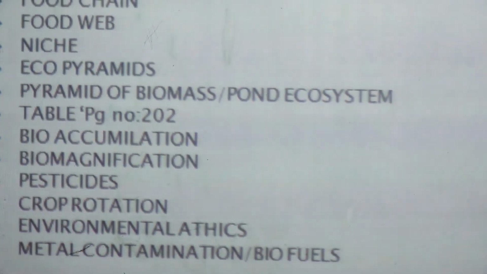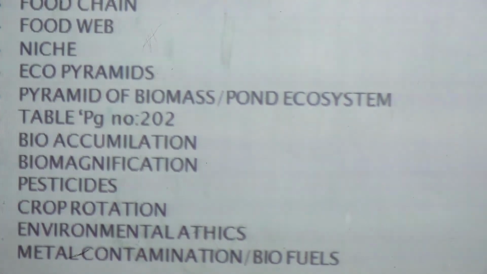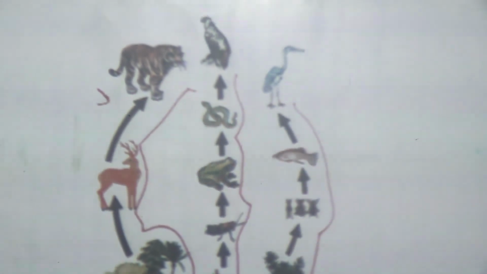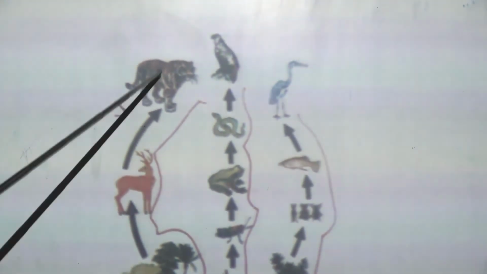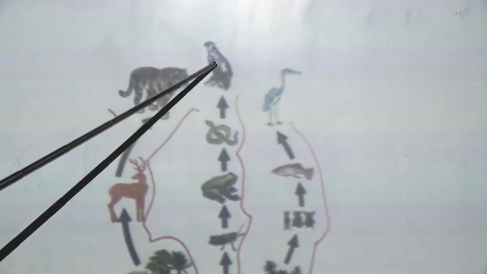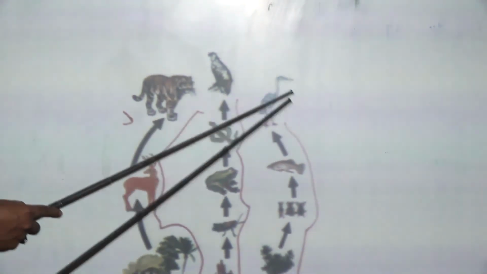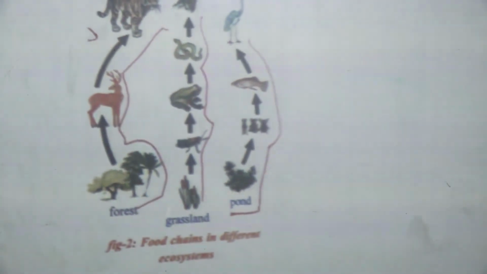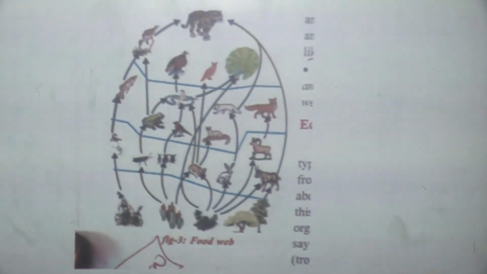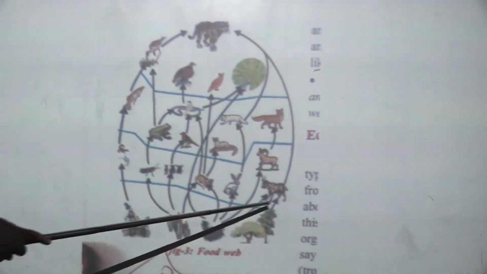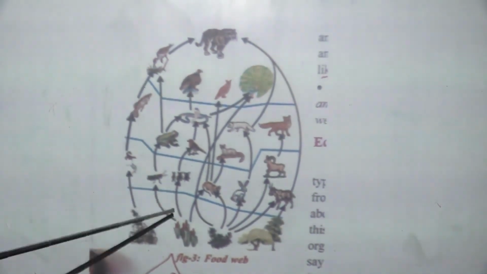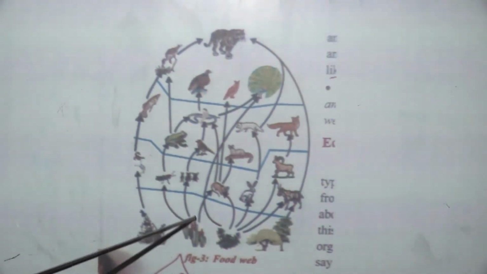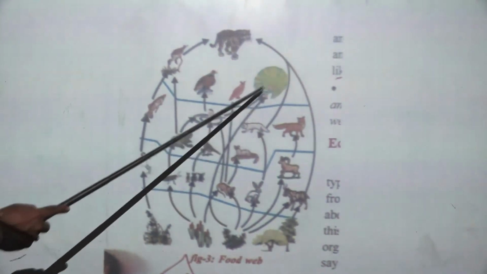Okay, so this chapter is quite easy, and let me show the food chain. See, this is one food chain, second food chain, third food chain, right? This is food web. See here, these are all the food chains, and some food chains are interlapped with one another.